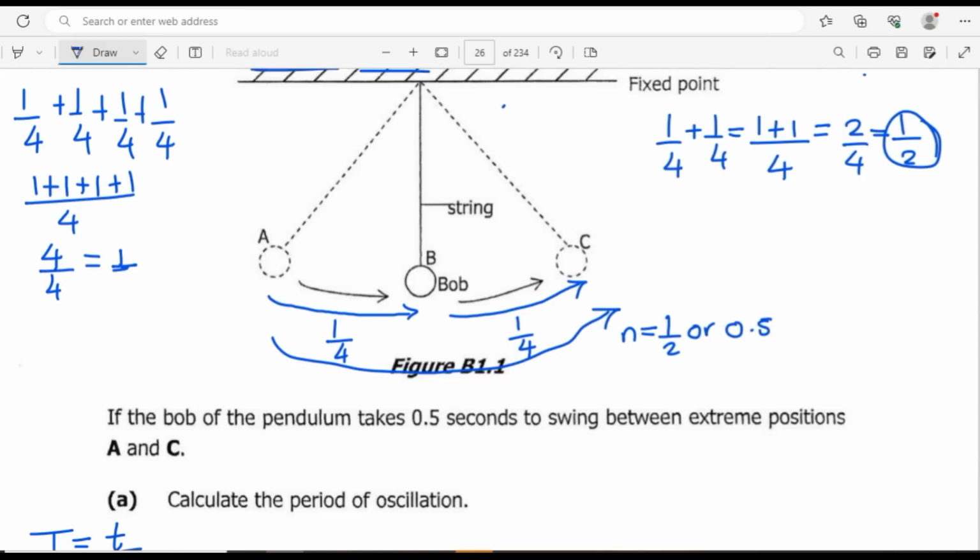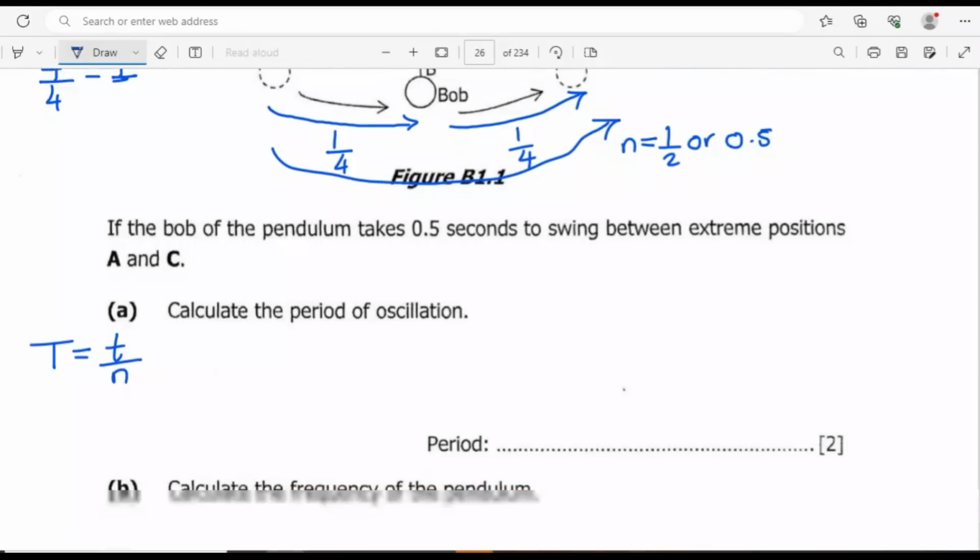Then what if from A to C, then back to B? If we do the calculations, this will give us 3/4. So this is what you can use whenever you are dealing with a simple pendulum.